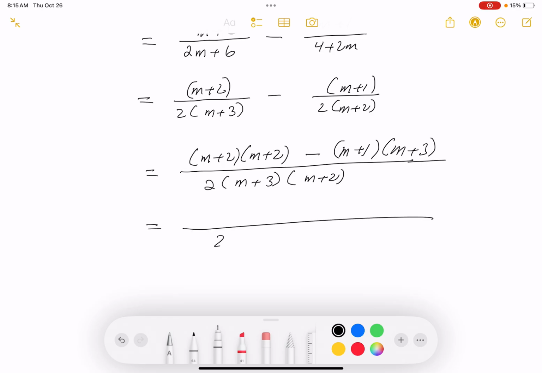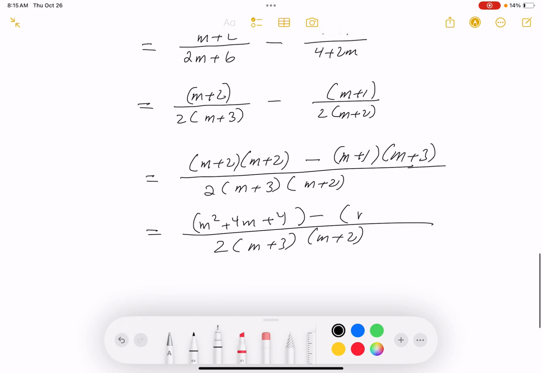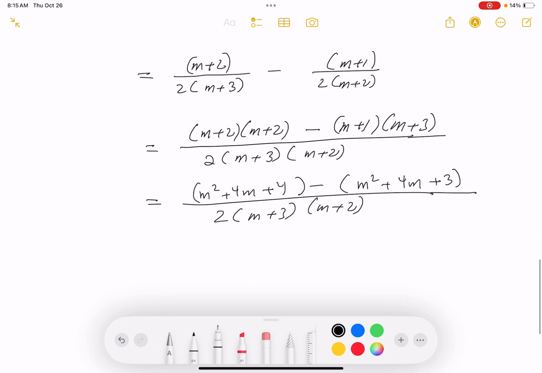All right, let's do this. You get 2 times m plus 3. Now, traditionally, we don't multiply the bottom out, but we do the top hoping there's going to be some simplification in the problem, by the way. No guarantee, but I still want to go through it. And what do you get there? You get m squared plus 4m plus 4 minus, I gotta be careful over here, m squared, 3 and 1 is 4m, and then 1 times 3 is 3.